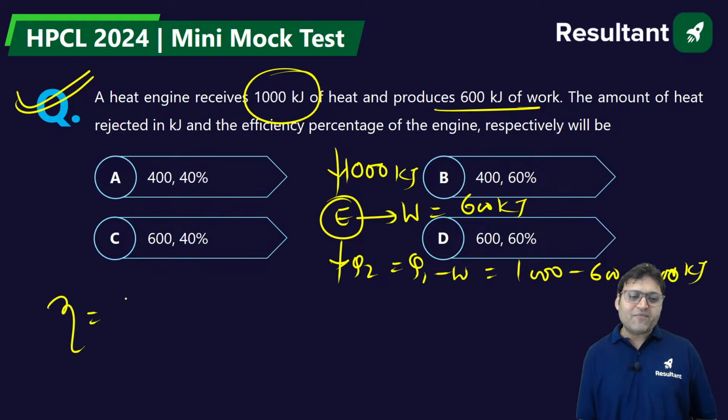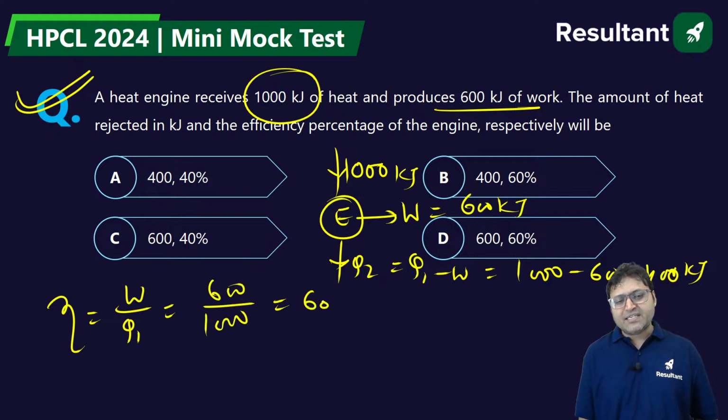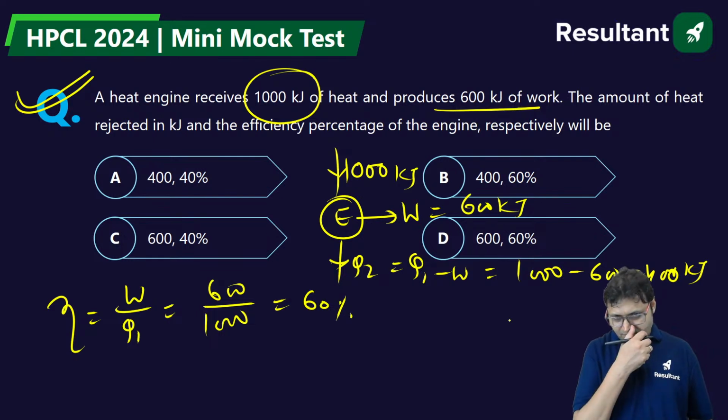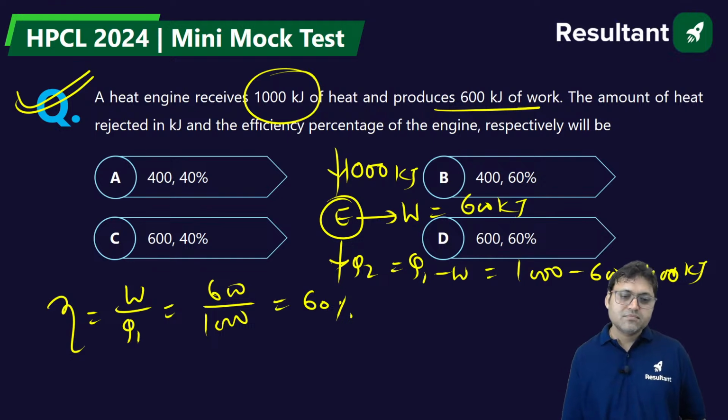And what is the thermal efficiency? W upon heat supplied, that is 600 divided by 1000. So that is 60%. 400 and 60%, B is the correct answer. B will be the answer for this one.